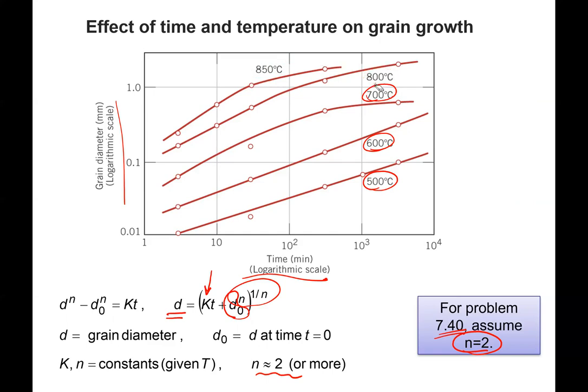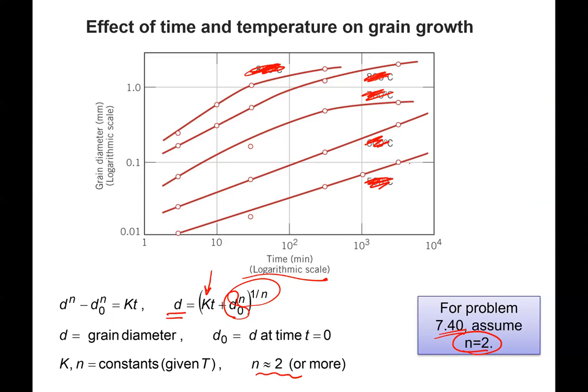All right, one of the things I want to take a second and talk to you about is the way to interpret plots like this when you see them in the textbook. One of the things I might ask you, for example, on an exam is I might remove these temperatures. And I might ask you which of these curves is at the lowest temperature or which of these curves is at the highest temperature.